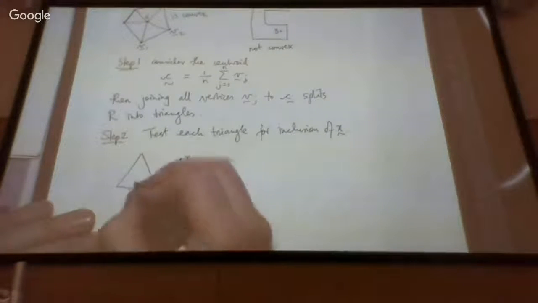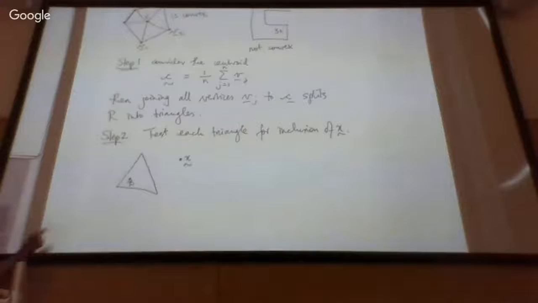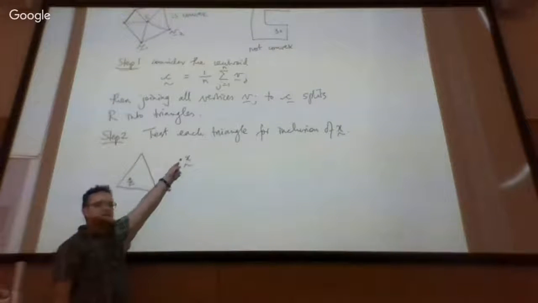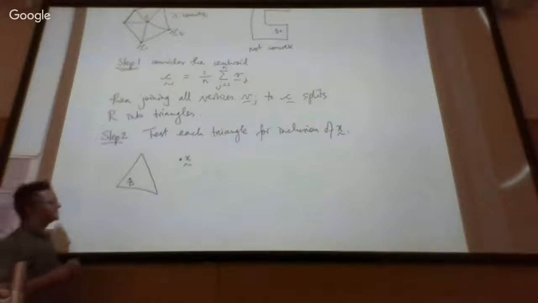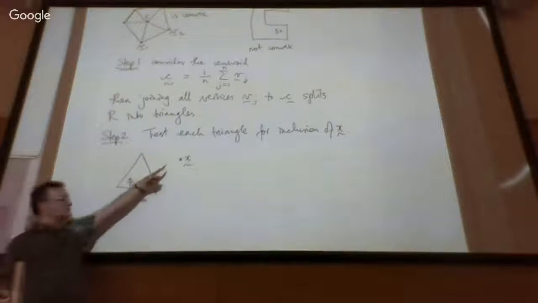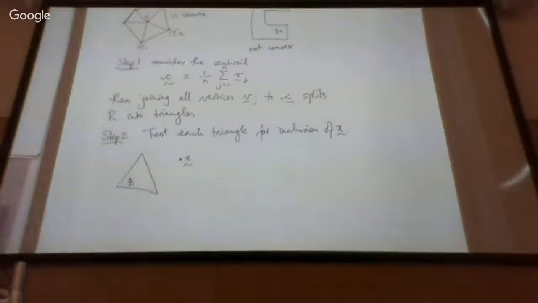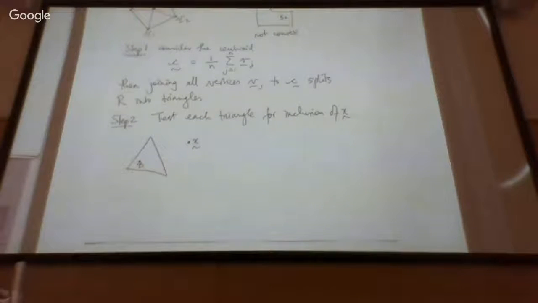Here's X. Or maybe here's another candidate for X. How is the computer going to know whether X is outside the triangle or inside the triangle? The computer can't draw it and look. Sophisticated software with computer vision could look at the picture with a camera, I guess, but we're thinking it's just from the numerical data of the vertices, the position of the coordinates. How can the computer decide whether this X is inside the triangle or outside it?